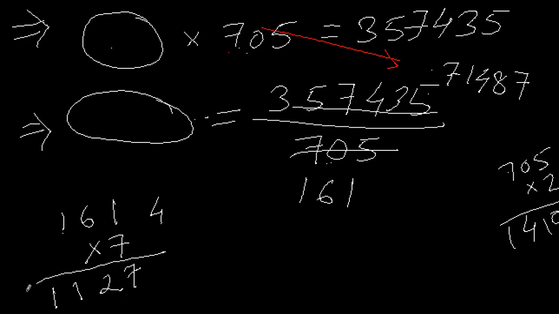And what was my question? What is the number which, if I multiply with 705, I'll get 357435? So this unknown number, let me use another color. How much did we get?